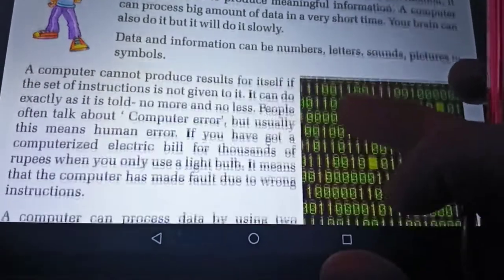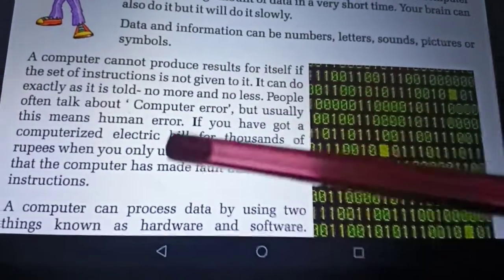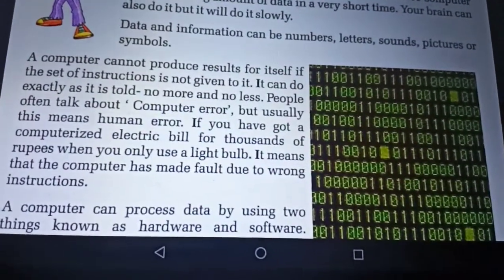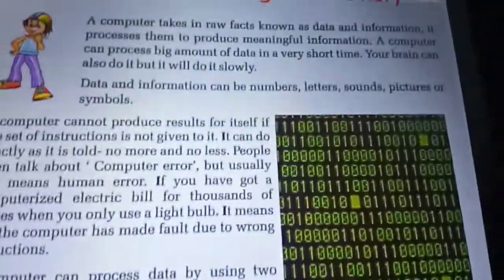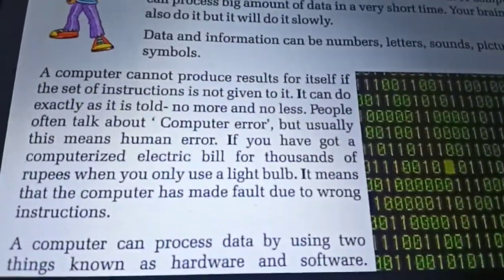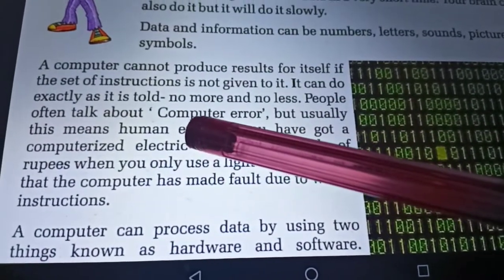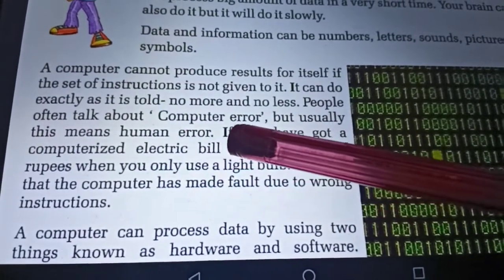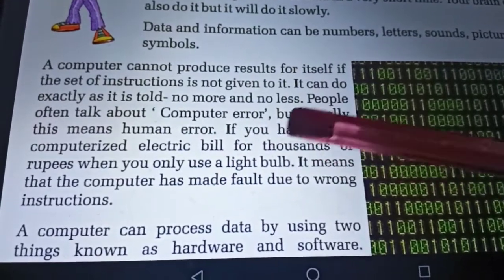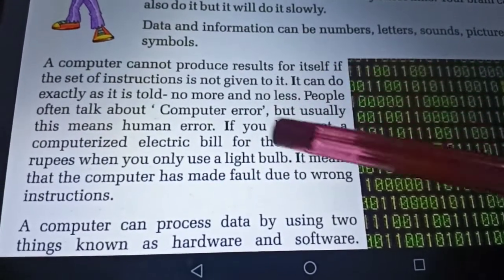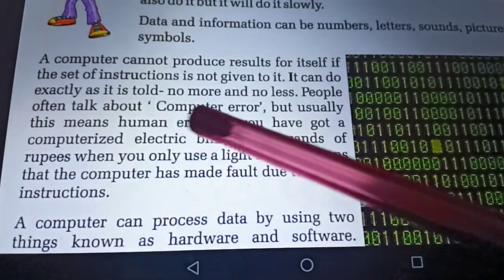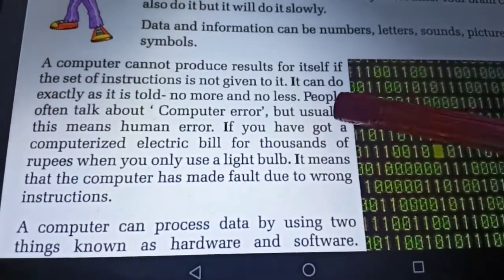If we do not give the computer any input, then the computer cannot produce any results or any output. It can do exactly as it is told, no more and no less.